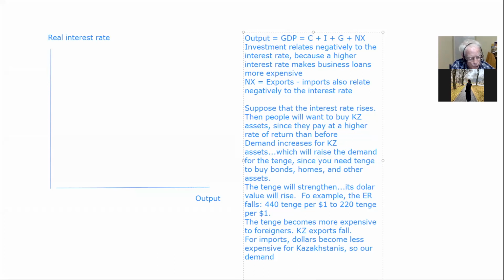So our demand for imports, which are expressed in dollars, will increase. Software, high definition TV, whatever, people find it cheaper to buy those goods from other countries than had been the case before.